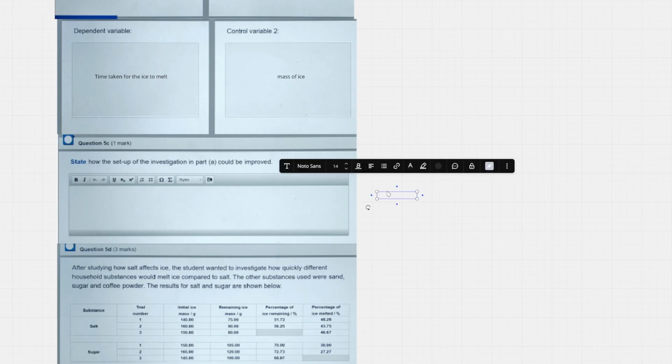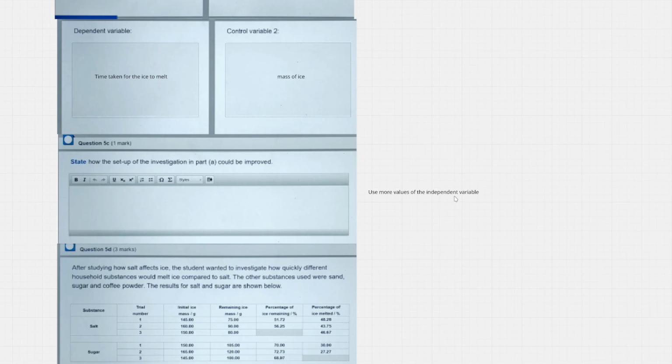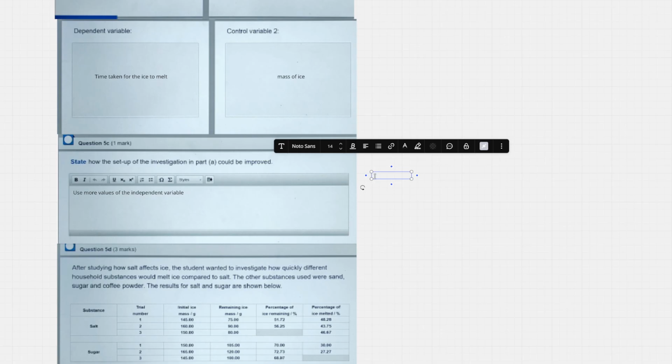Realistically, the answer that I would have written, or you could use more values of the independent variable. So you could use different grind sizes of ice. It would result in an investigation that would be considered more valid, or you could carry out more trials to reduce error. Yeah, any of these.